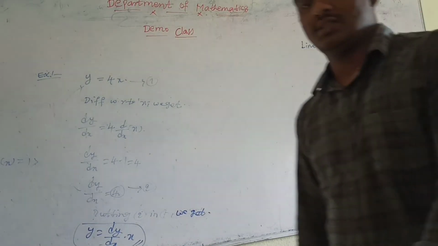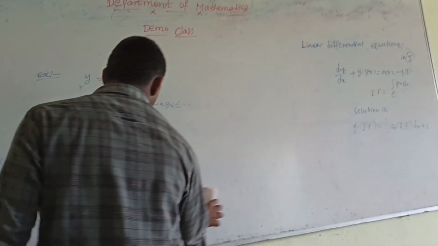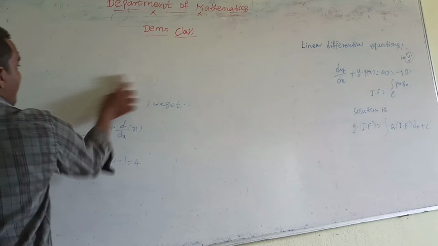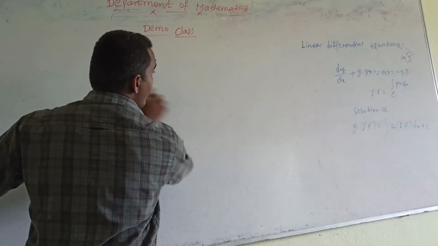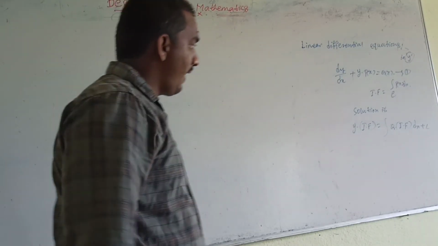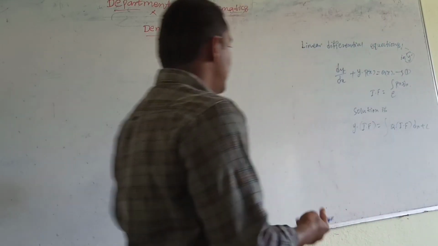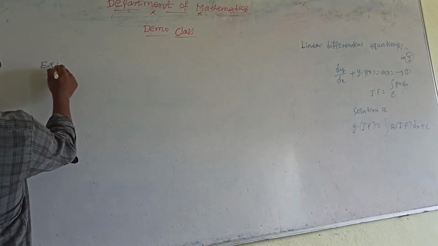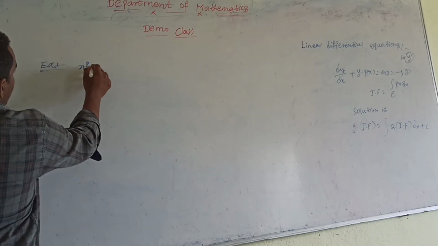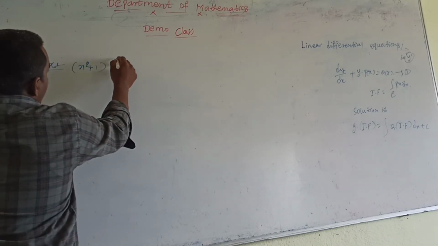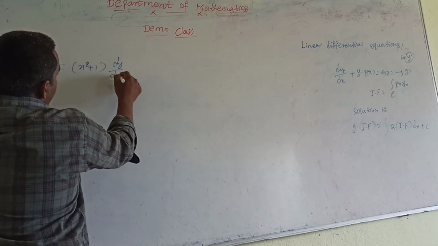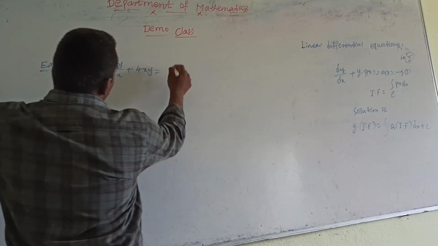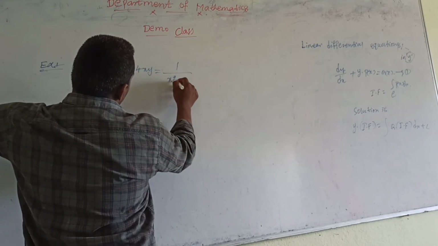See how we are going to solve it. The example is (x square plus 1) dy by dx plus 4xy is equal to 1 by x square plus 1.